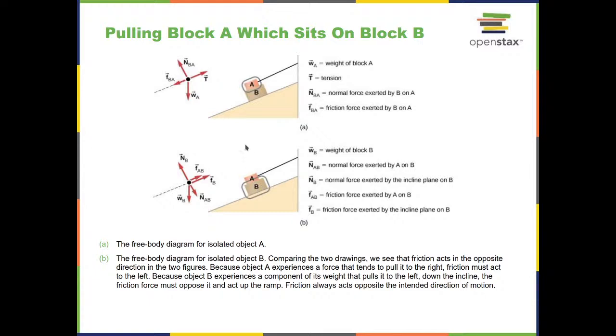Then there's a normal force from the slope here. There's a normal force from block A. That's the Newton's third law corresponding force to this normal force from block B on block A. And then finally, there's the weight that is pointing down.